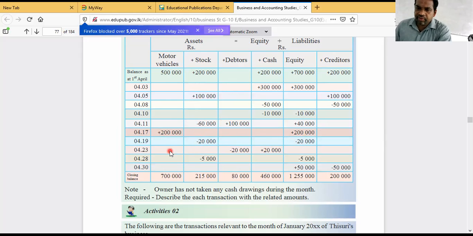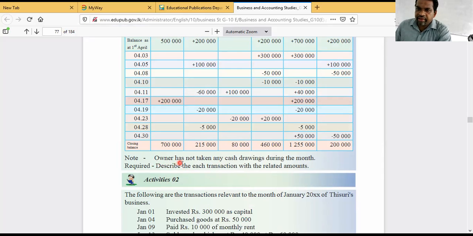Next transaction occurred 23rd April. Minus 20,000 under debtors, plus 20,000 under cash. That means you have received money from debtors. That's why cash increased by 20,000. Debtors decreased by the equal amount. Next transaction, 28th April, minus 5,000 under stock, minus 5,000 under equity.